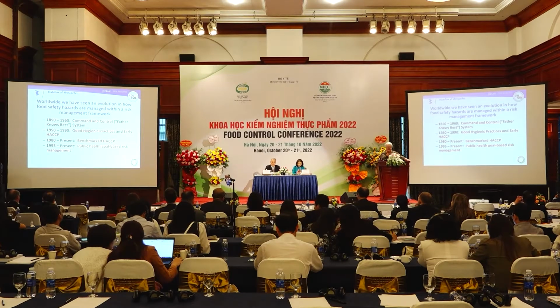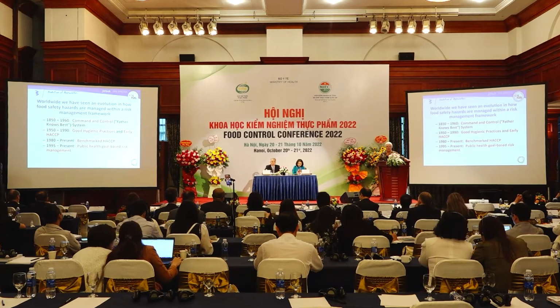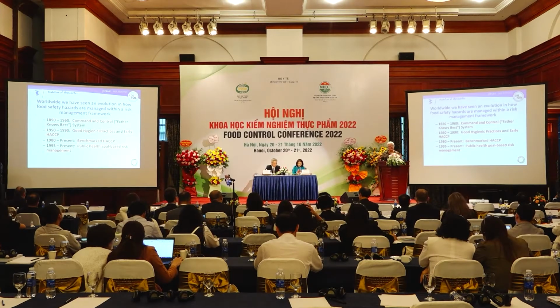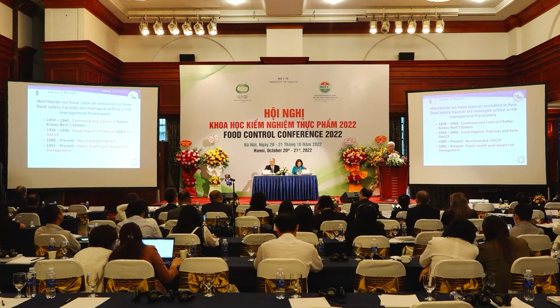What's happened then? I talked about earlier the WTO and the agreement. That's when the requirements came into place using risk-based approaches. So I wanted to give you that perspective so that you know it's not something that happened overnight. It's been a gradual evolution, and different countries are at different places in the approaches they take to reduce the level of risk, but there has been that gradual change.